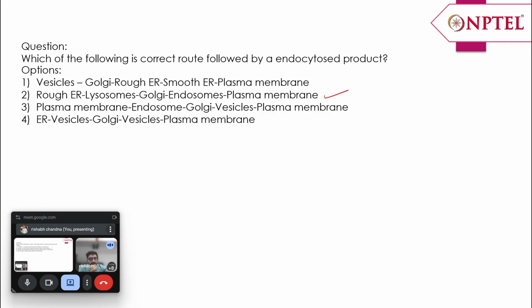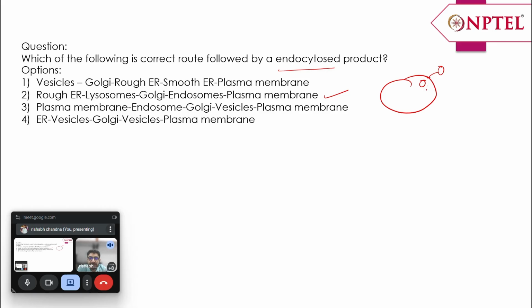Okay. So, first of all, what is endocytosis? Endocytosis is the entering of any foreign compartment into the cell, and the cell accepts it in the form of a vesicle or endosome.